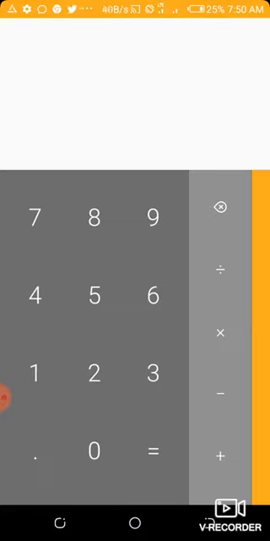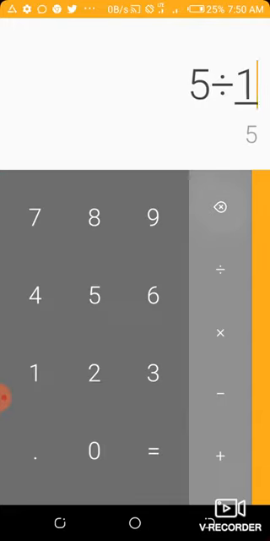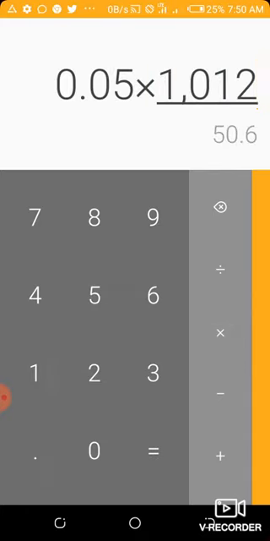Let's use 5%. 5 divided by 100 is 0.05. So 0.05 multiplied by 1012 is about 50.